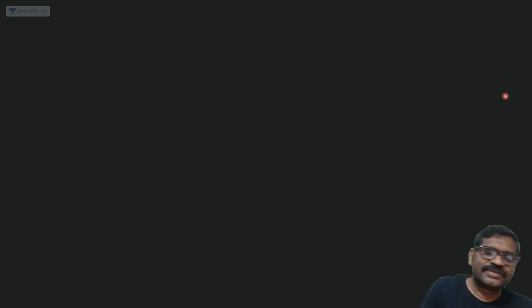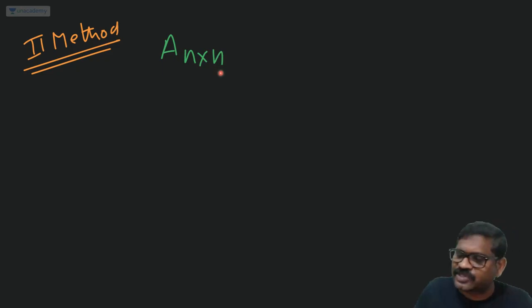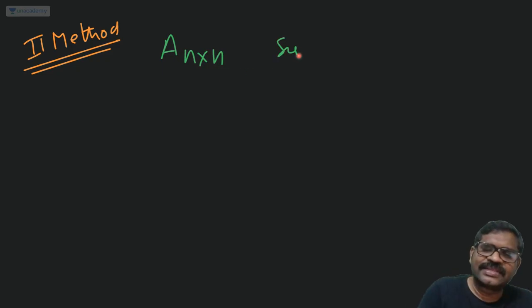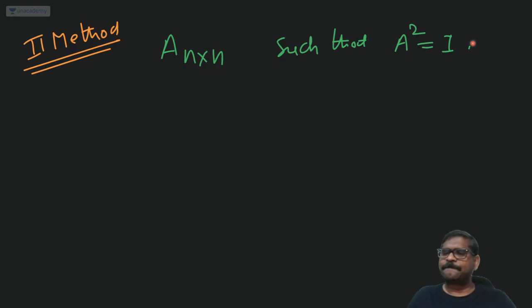Second method. Matrix A is n cross n such that A square equal to I. Basha, look at the problem.